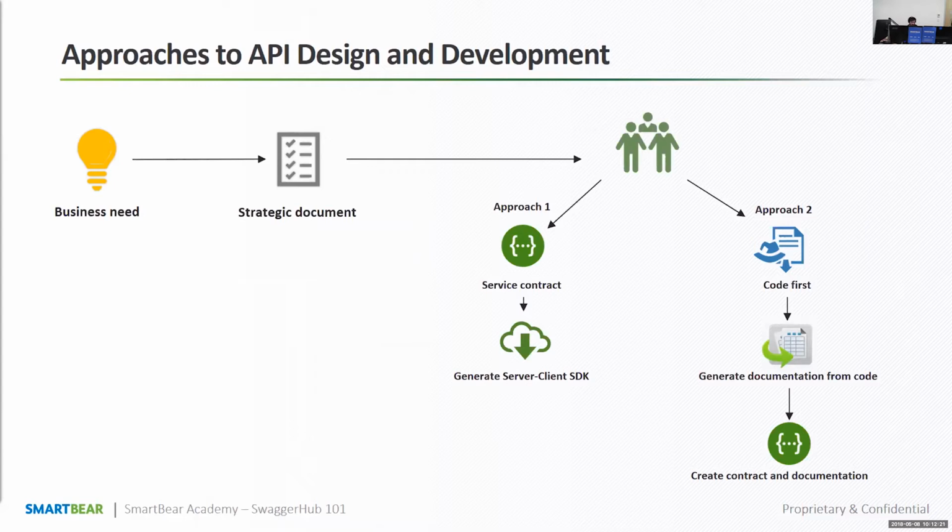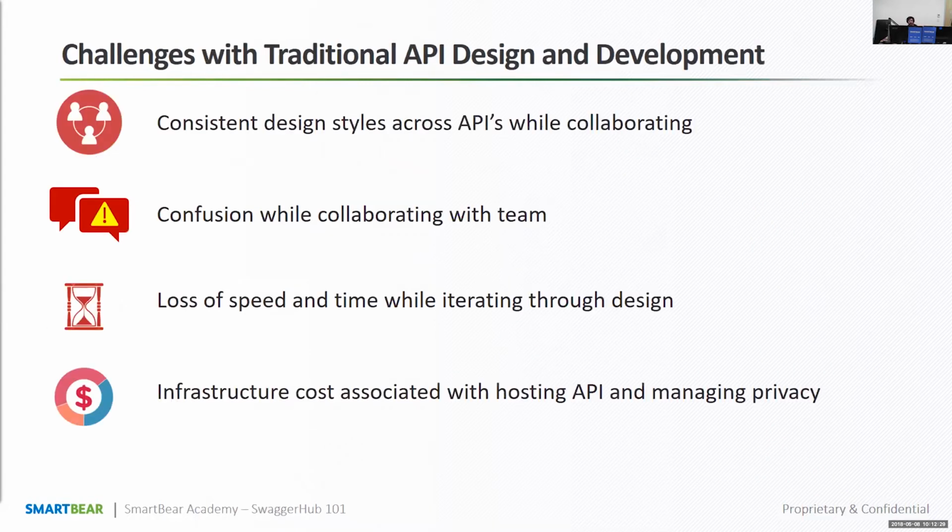All right. So those are the two main approaches that we see, design first and code first. The usual challenges that come with traditional, generally this code first approach, is the consistent design styles across these APIs.